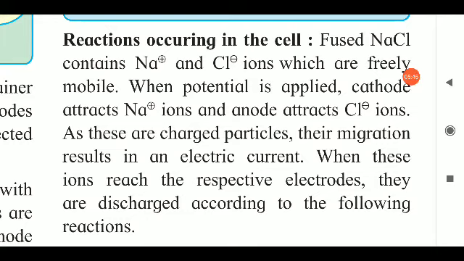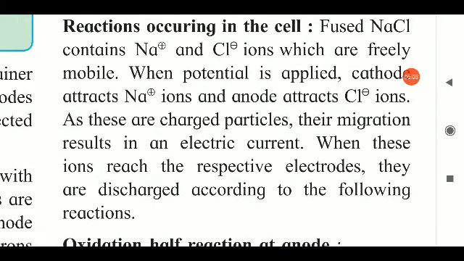Now students, the ions which have opposite charge move towards the opposite electrode. Means suppose Cl minus has negative charge, it will move towards the positive electrode. So this is the case. When the potential is applied, cathode attracts Na plus ions and anode attracts Cl minus ions. As these are charged particles, their migration results in an electric current.